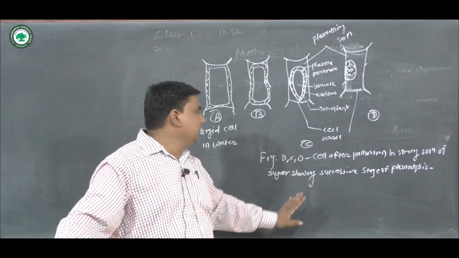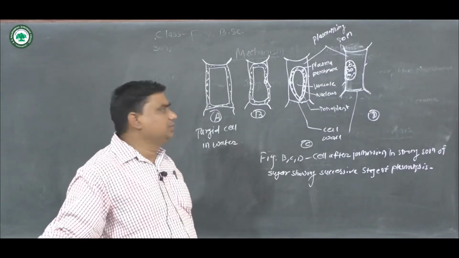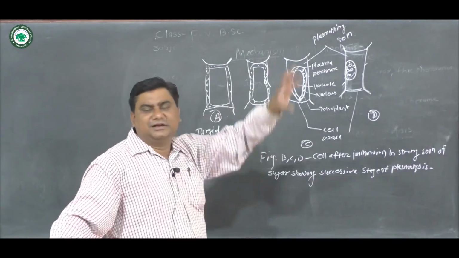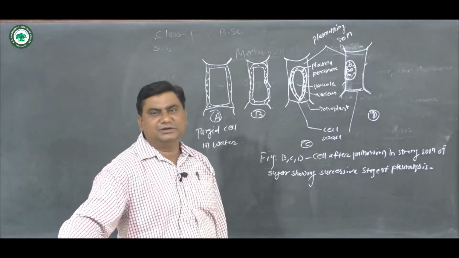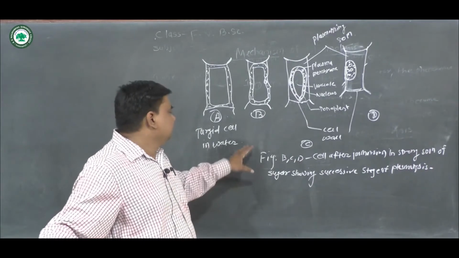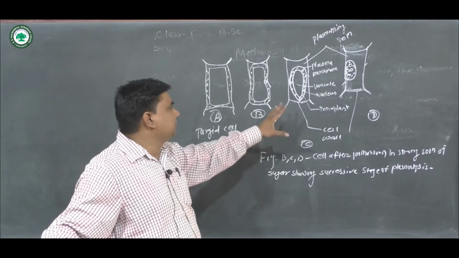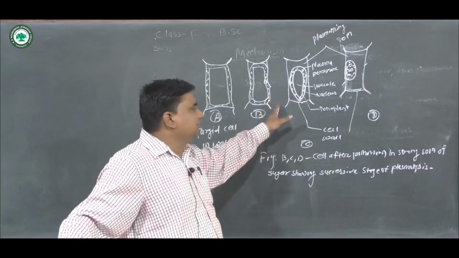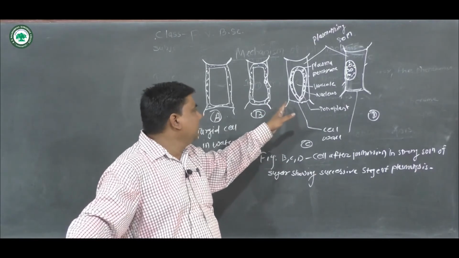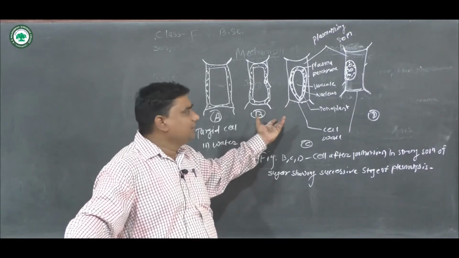These are cells after immersion in the strong solution, showing the successive stages. This one is the first stage, what we call incipient plasmolysis.